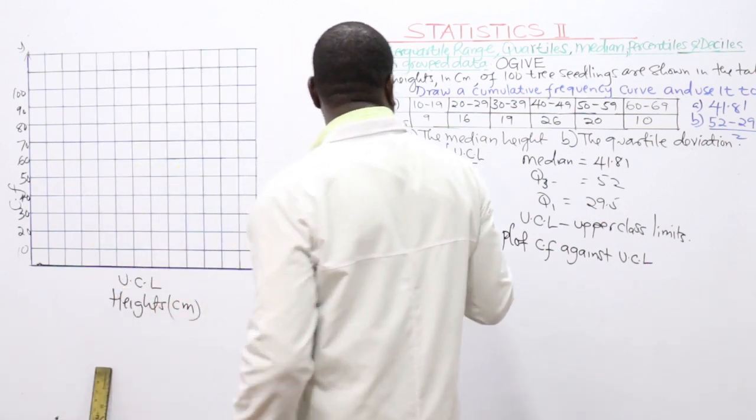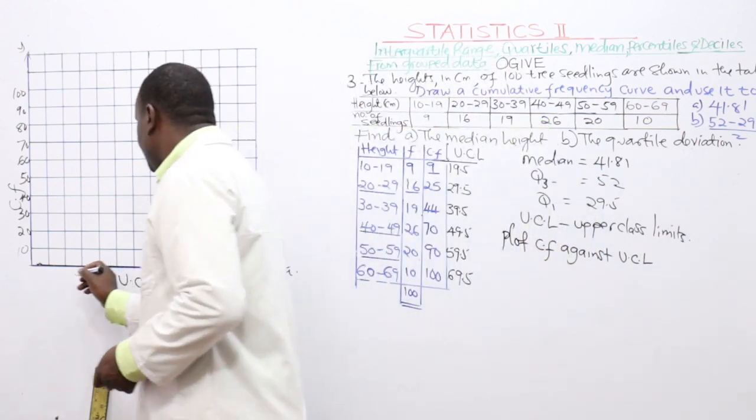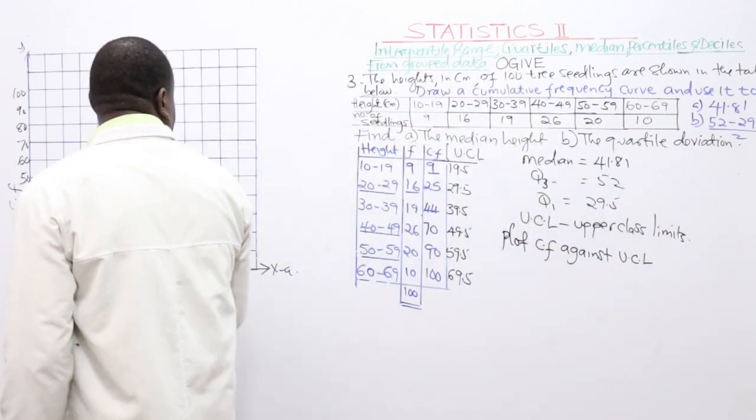Now, for the upper class limits, we shall break the axis and start from, let's say, 19.5.